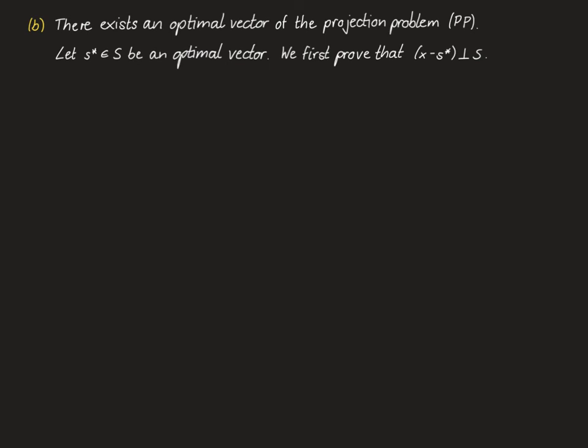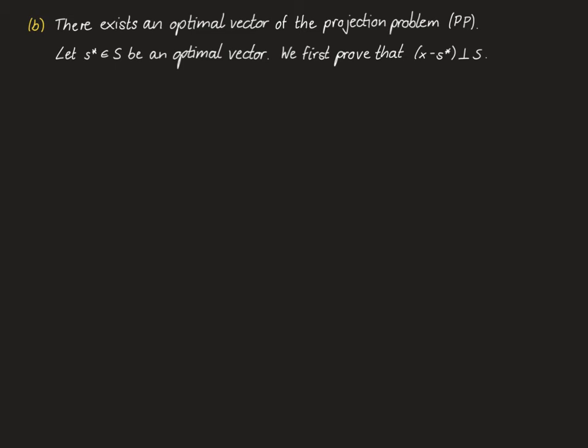For the first step, assume that S star in S is an optimal vector, and we write here an optimal vector instead of the optimal vector, because we have not shown uniqueness yet. We only know that an optimal vector of the projection problem exists.